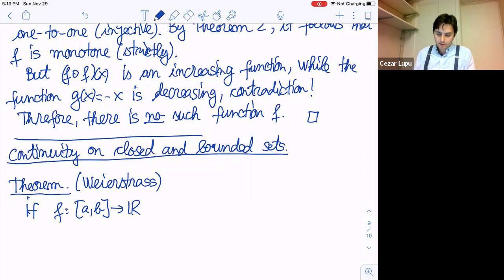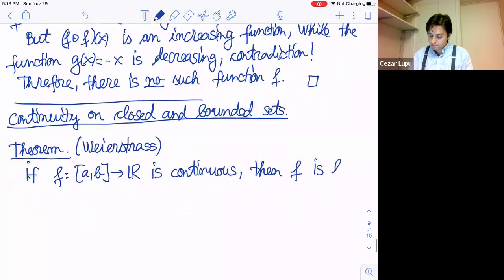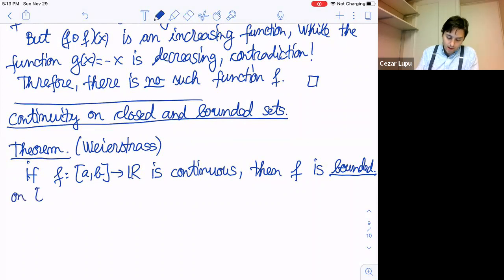So if this is continuous, then f is bounded on the interval [a, b].